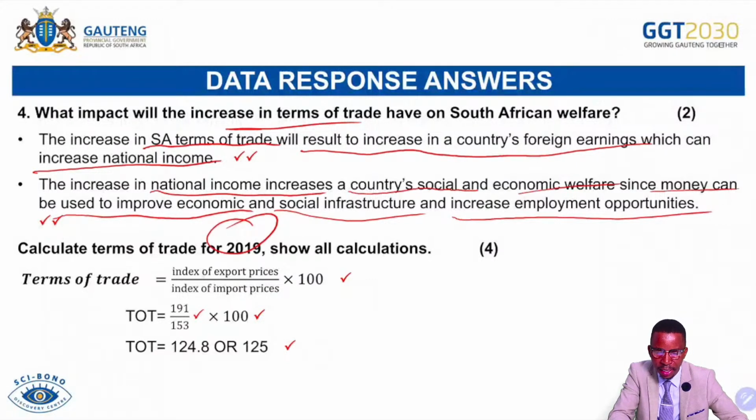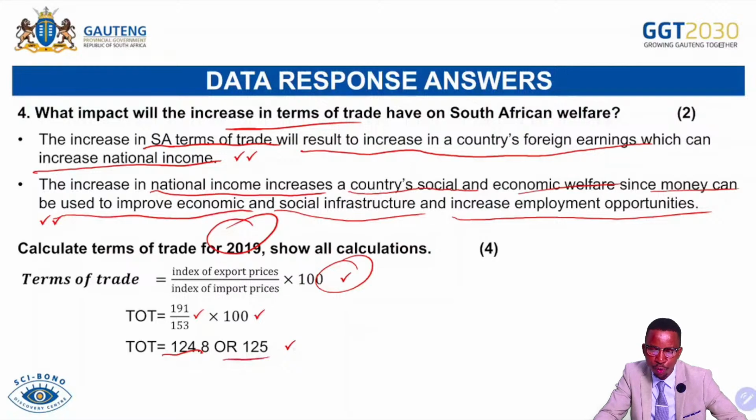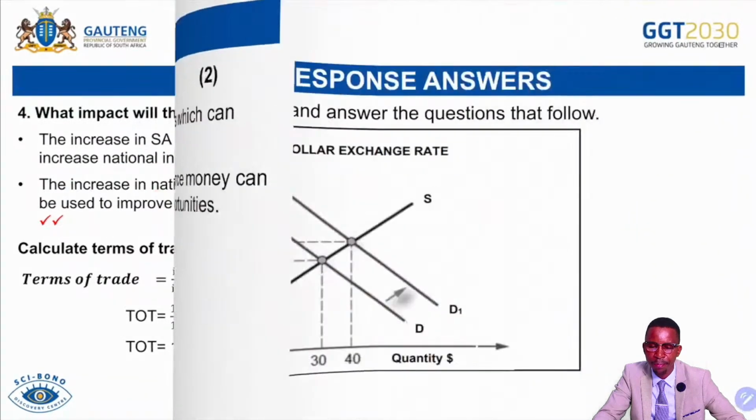It will be the index of export prices over the index of import prices multiplied by 100. We give 1 mark for the formula. For 191 over 153, you get 1 mark. And then we have an answer of 124.8 or 125, which gives us 1 mark, to give us 4 marks. Then you get your 10 marks for this data response.